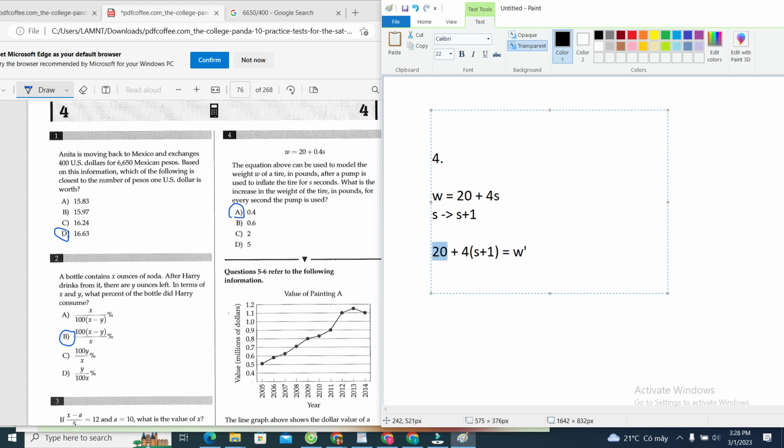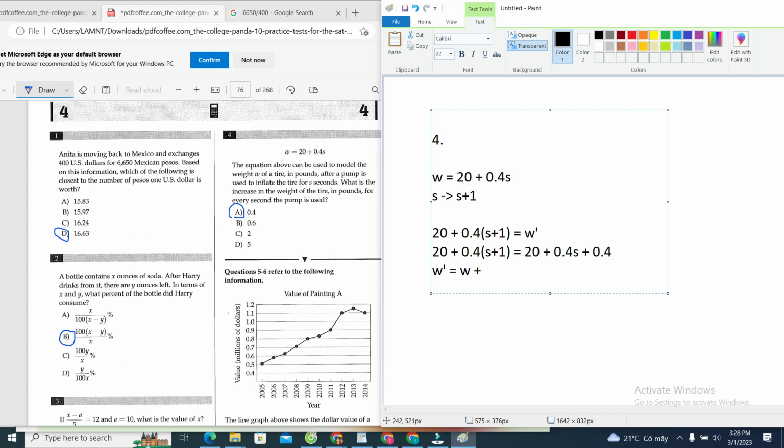And that's just 20 plus 0.4s plus 0.4. So in other words, W prime is equal to W plus 0.4, right?